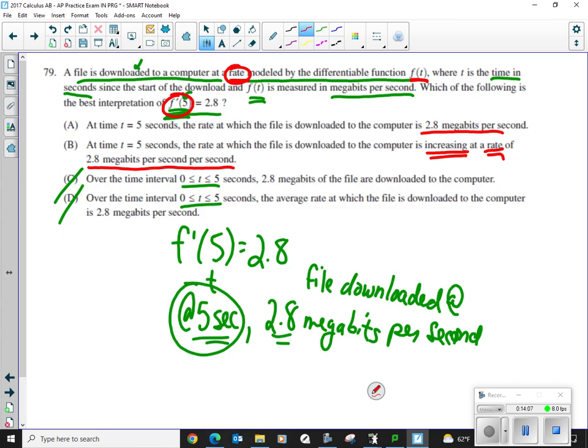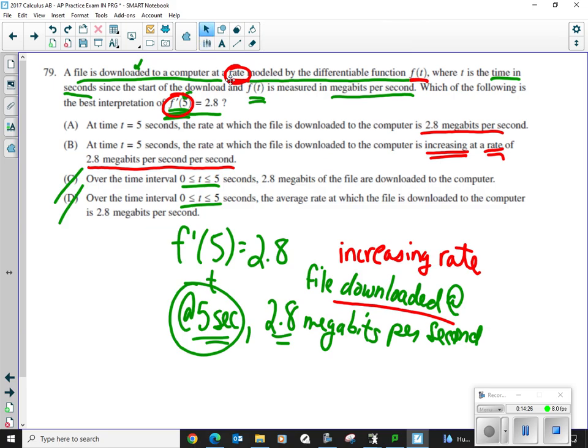Okay, so the file is downloading at 2.8 meters. It is downloading, it is increasing the rate at which it is being downloaded by 2.8 meters. Megabits, sorry. You can tell where my mind is. I've done so many calculus problems. Meters per second. No, megabits per second.